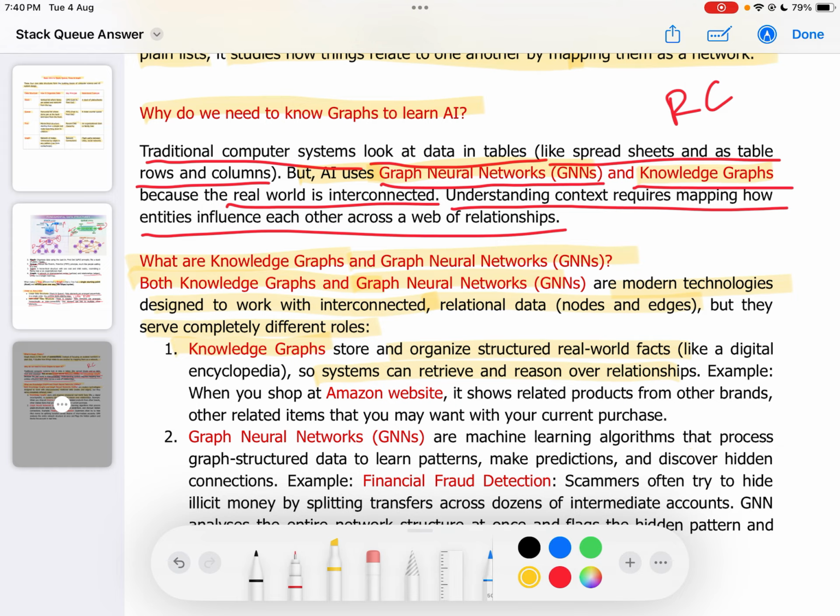You will understand clearly. Suppose you go to the Amazon website and do a lot of shopping there. Suppose you are looking at a mobile phone you want to buy. Automatically it shows products from other brands. You want to buy a Samsung phone or Apple phone, and it shows other products below from other brands, and items you may want with the current purchase.